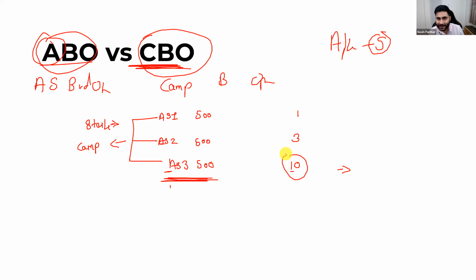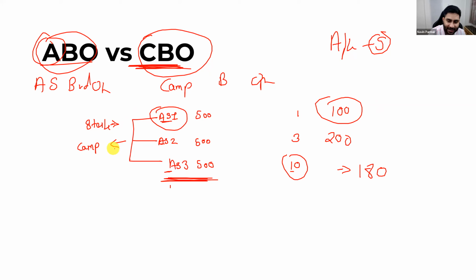It will have one more data point, cost per lead or cost per acquisition. So for example, your cost per acquisition was 100 rupees on this ad set, on this it was 200 rupees, and on this it was 180 rupees. Even though the size was very small, the cheapest CPA you were getting was from ad set 1. So when you change to CBO, Facebook will also consider this ad set to spend your money, because this was the ad set which was giving you the cheapest CPL or CPA.